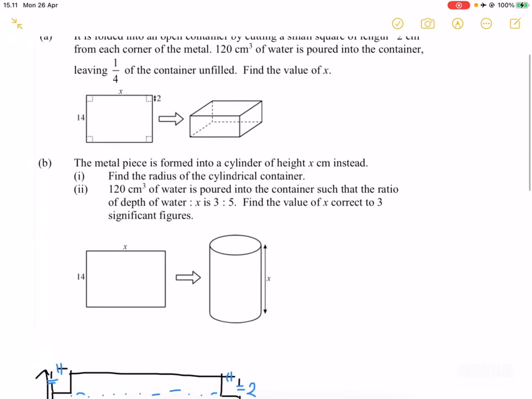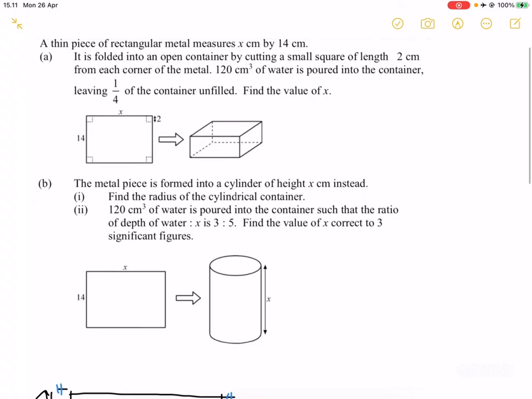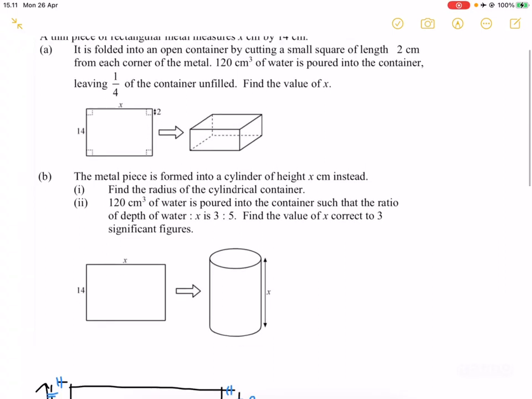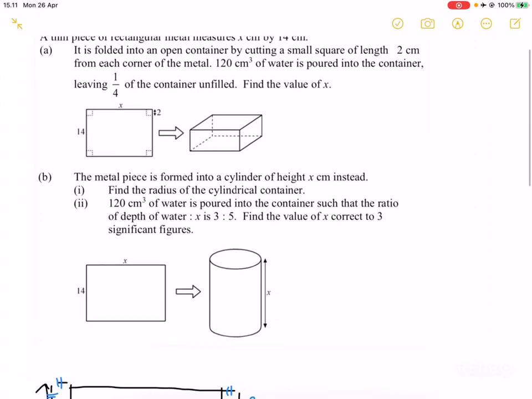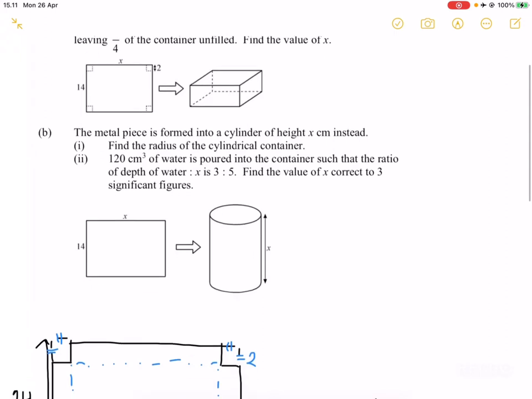And from the diagram here, we need to find the radius of the cylindrical container. And for part 2, 120 centimeters cubed of water is poured into the container, such that the ratio of the depth of the water to x is 3 to 5. Find the value of x correct to 3 significant figures.